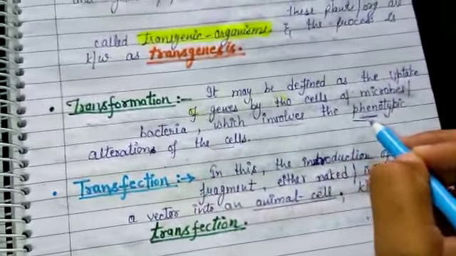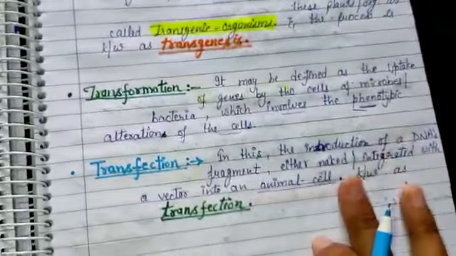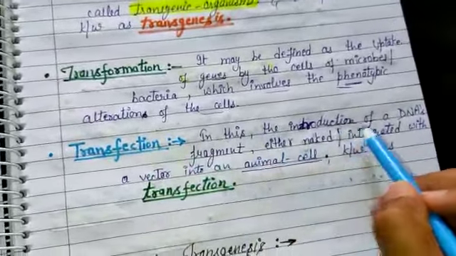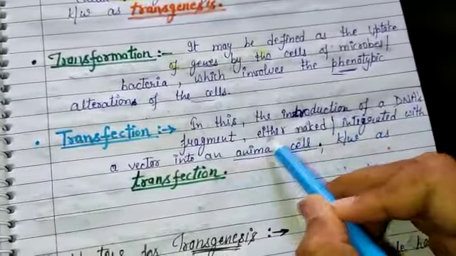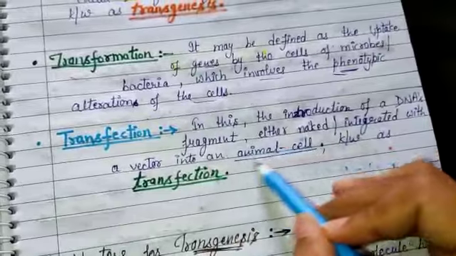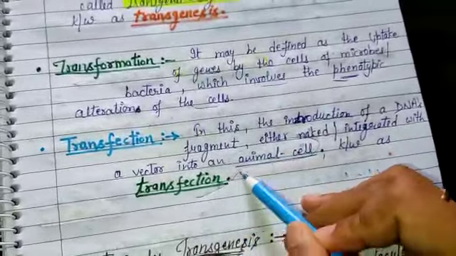Phenotypic means characters. Clear? And transfection is the introduction of a DNA fragment, either naked or integrated with a vector, into the animal cell.